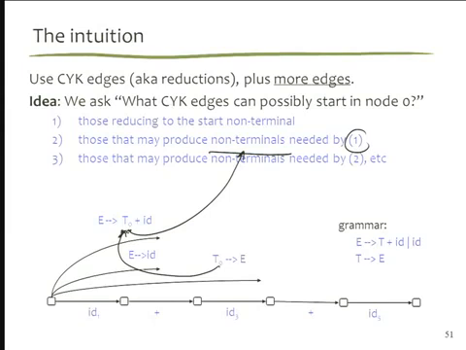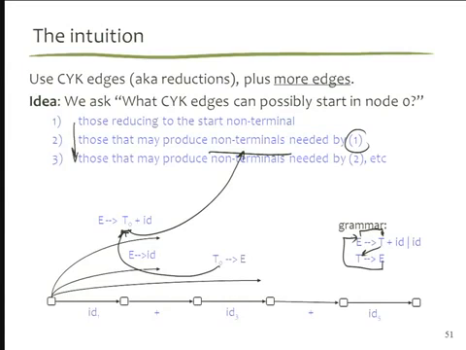By the way, E is recursive, right? Because you can go from E to T, and then E goes back. It's not directly recursive. It's indirectly recursive through T, but it is recursive. The reason why I have this extra T is that I wanted to show you this process here.